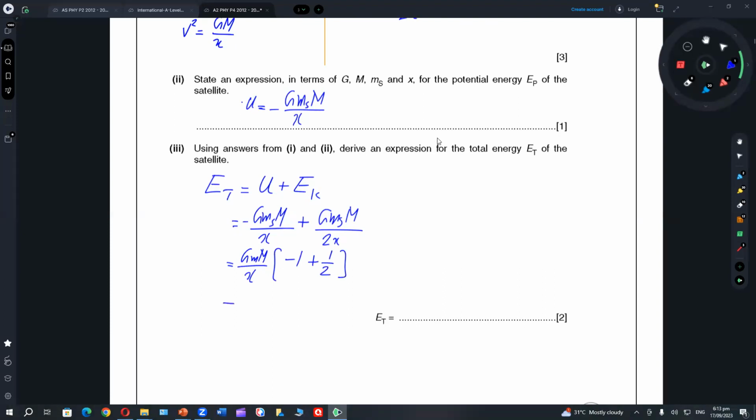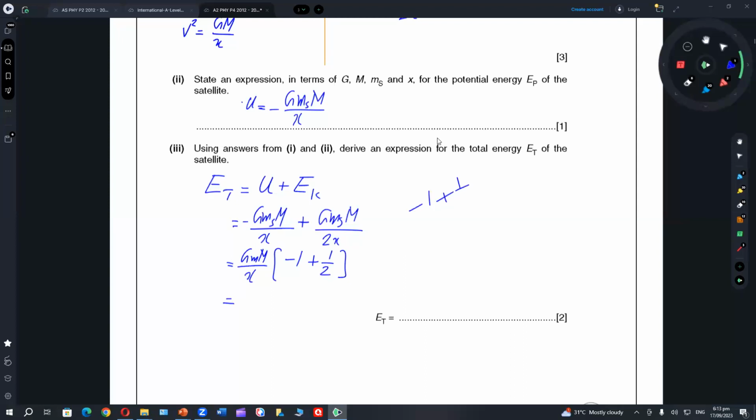So please tell me in LCM form, what is minus 1 plus half? What is minus 1 plus half? It's a simple question I'm asking. What is minus 1 plus half?